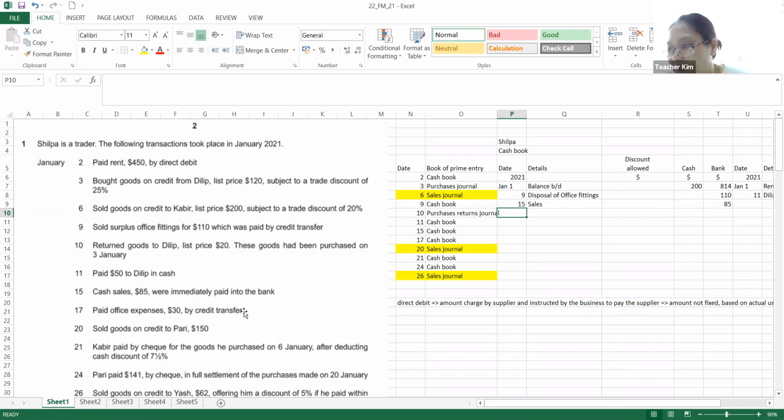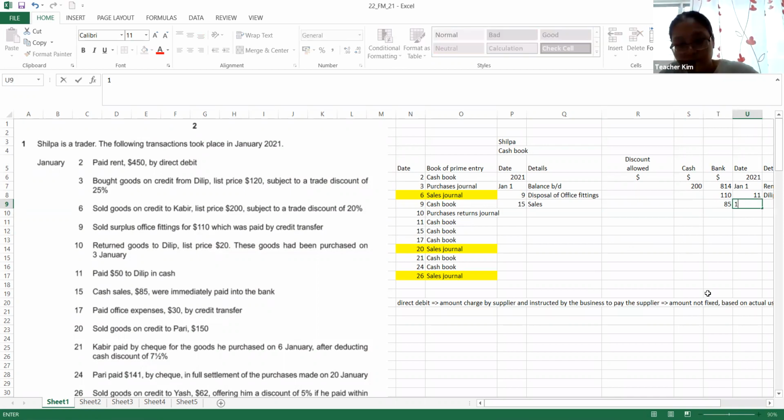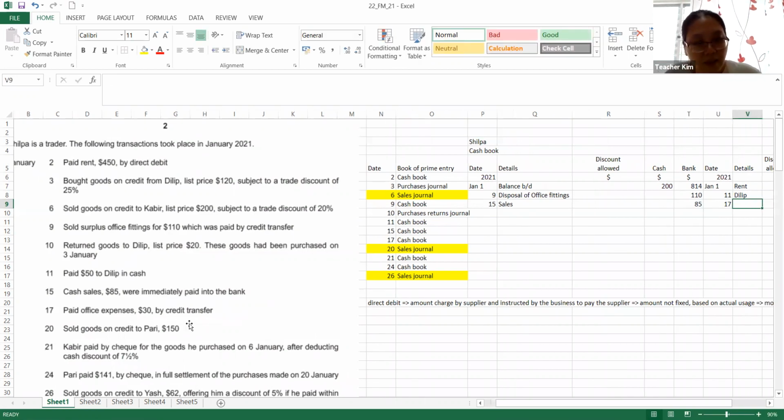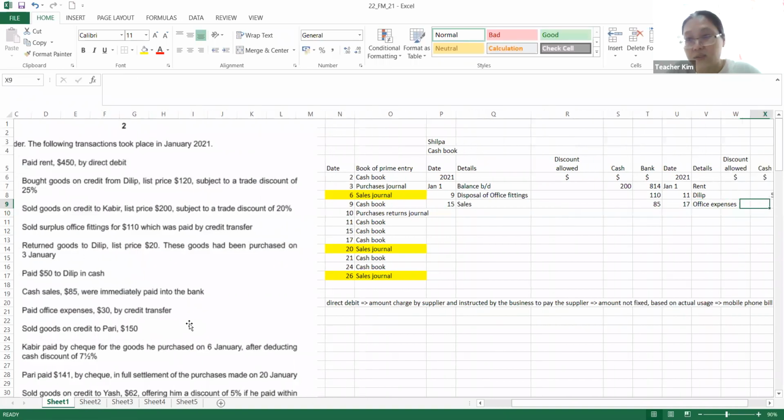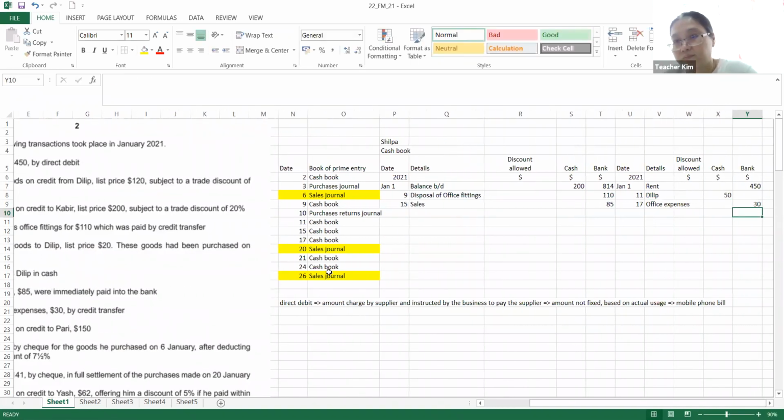Someone is getting the money. Okay, here on 17, pay office expenses. Paid by credit transfer, so 30.